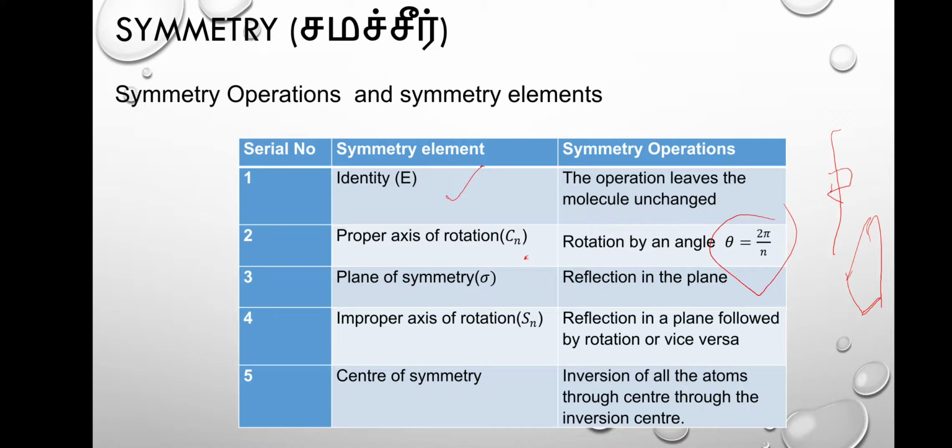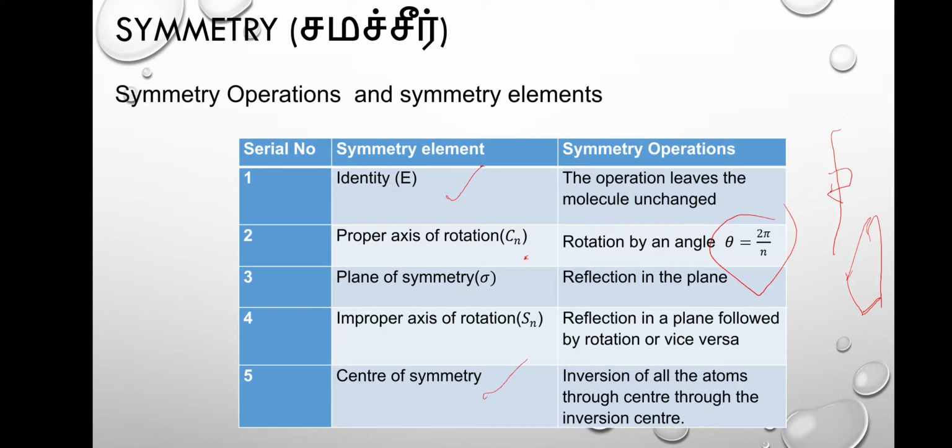Then center of symmetry. If you can draw a line from the midpoint of the molecule such that it meets an identical atom at the same distance on the opposite side, then we say it has a center of symmetry. The process we do for a center of symmetry is inversion.